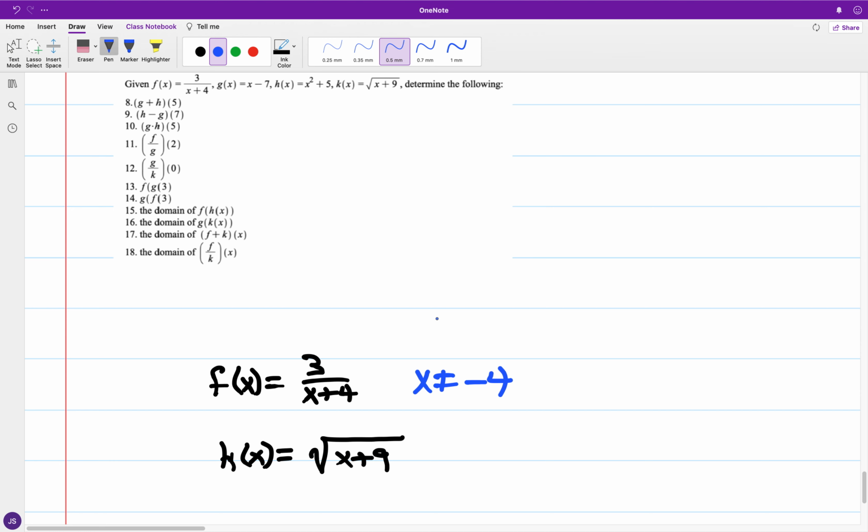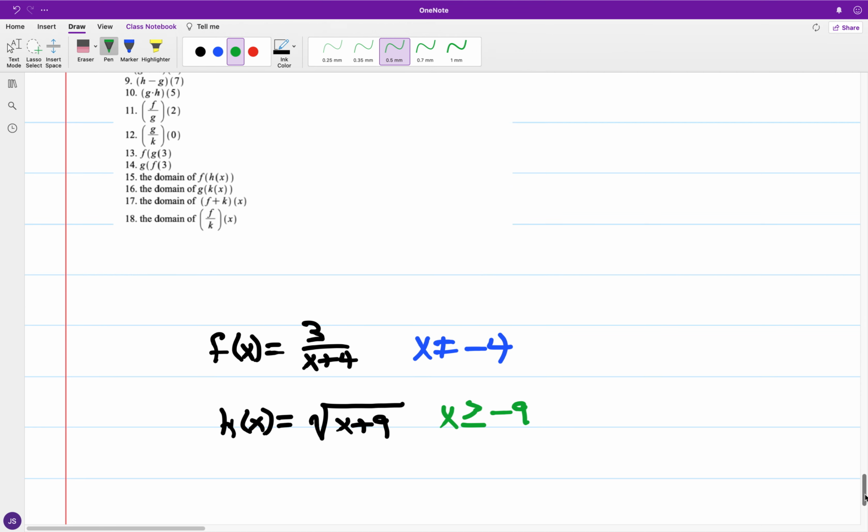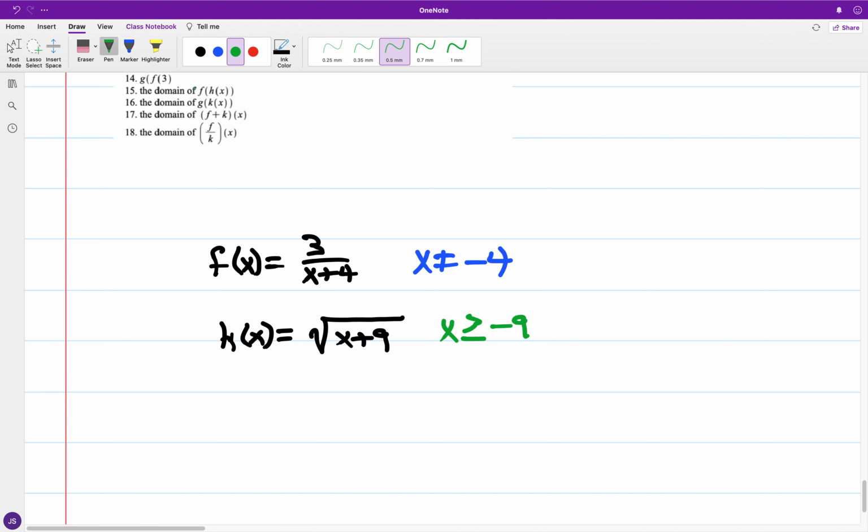And for k of x, x is greater than or equal to negative 9. And for the case of 17, f plus k of x, x cannot be negative 4 to keep f defined, and to keep k defined, x has to be greater than or equal to negative 9.